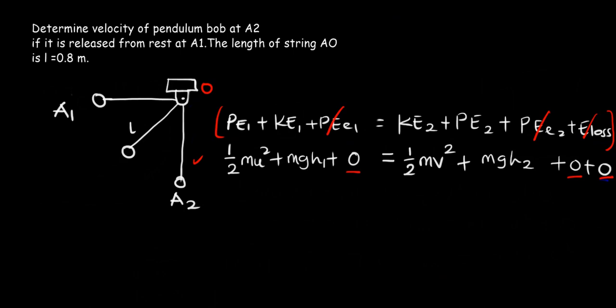So now let's focus on this. I'm going to consider the ball at position A1. At position A1, the initial velocity is given to be 0 meters per second since the pendulum bob was at rest.